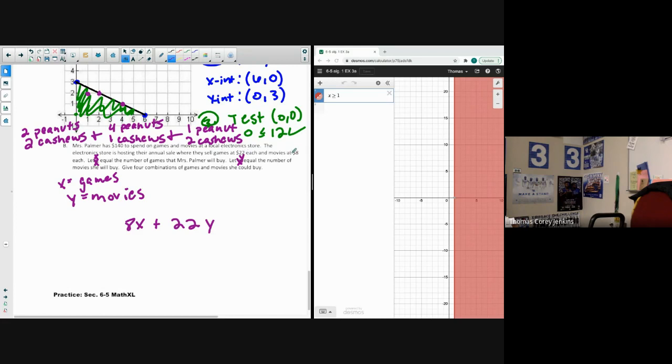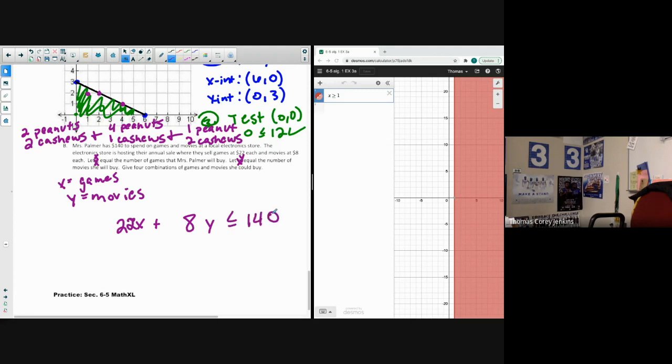So let me flip those coefficients. Sorry about that. So it'd be 22X, 8Y. And then if we have $140 to spend, we could spend up to $140, but no more. So it's understood if you have money to spend, that's less than or equal to would be your inequality symbol.